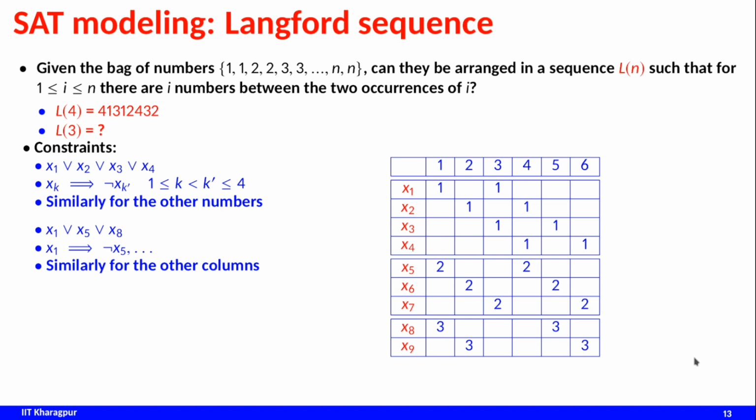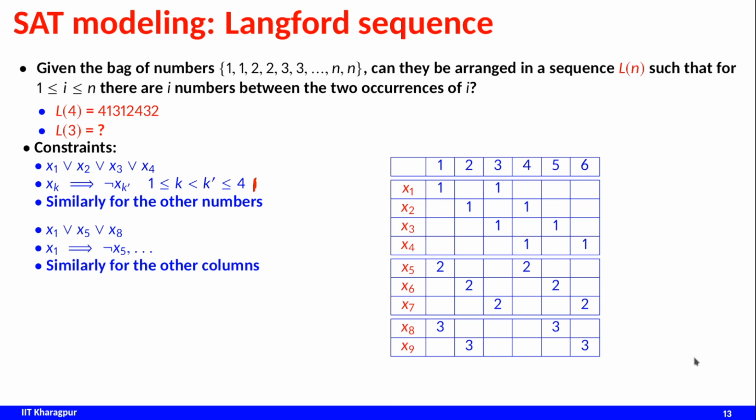The other thing is that if x1 is true, then x2 cannot be true, because I have already consumed 1, so I cannot use any further 1 in positions 2 and 4. We can represent this using a constraint like this: if xk is true, it means xk prime is not true.